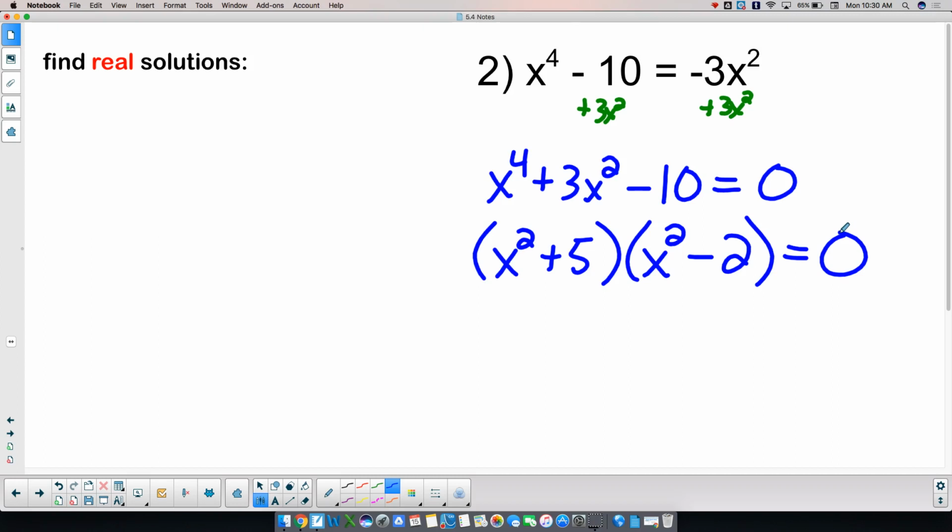Have I factored it completely? Yep, I factored it completely. So now what do I have to do? Make it equal to 0. Set my factors equal to 0.